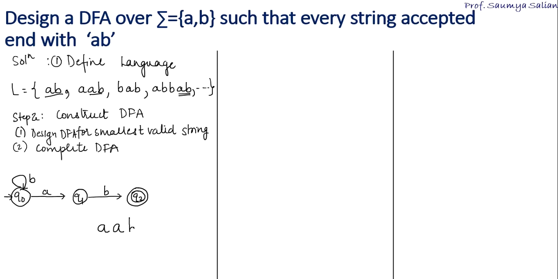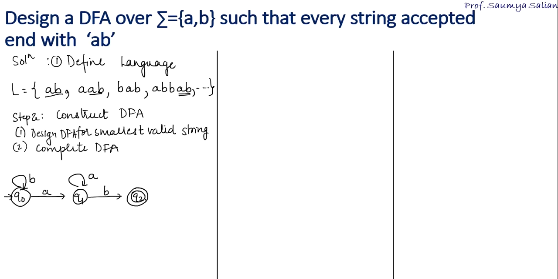Only by having input B. So even if I have n number of A's in between, I know that to reach the final state, I have to have this transition, that is, from Q1 to Q2. So can I put up a self loop of A on Q1? Yes, I can put up a self loop of A on Q1. Q1 has responded to input A, it has responded to input B.